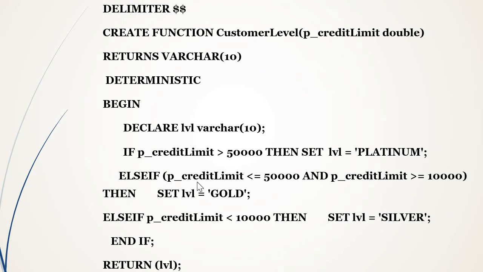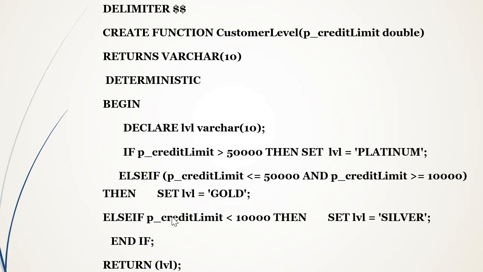Else if P credit limit is less than or equal to 50,000, and P credit limit is greater than or equal to 10,000, means if the credit limit is between 10,000 and 50,000, then you set the level as gold.